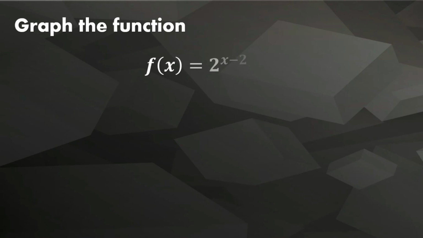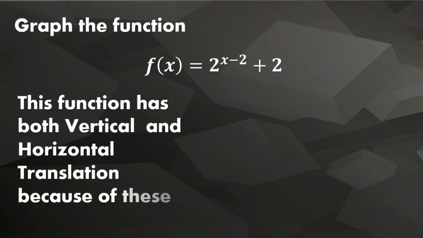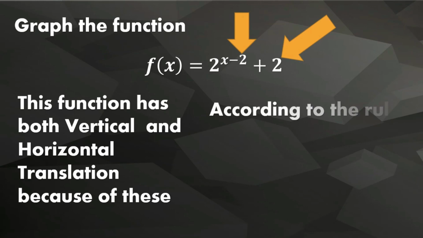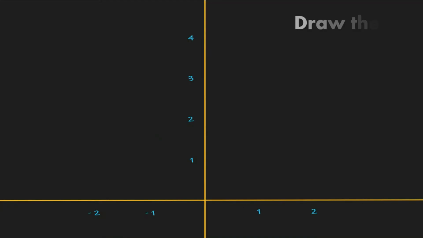Last one, graph the function. Dito, meron na tayong vertical and horizontal translation kasi meron na tayong dalawang points na napaka-importante, which is C and D. So dito, it will move 2 units to the right kasi nga negative 2 yung C. At mag-move din ito 2 units pataas dahil sa D. So, ganun pa rin.